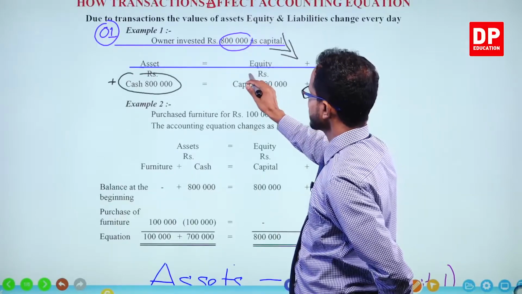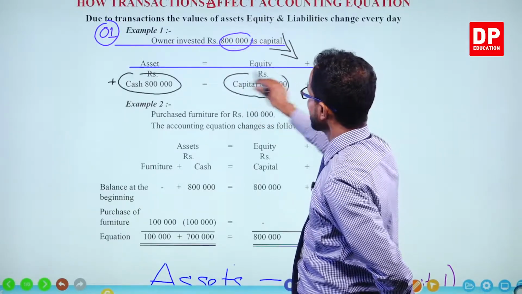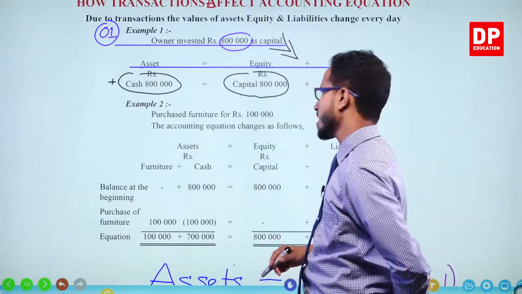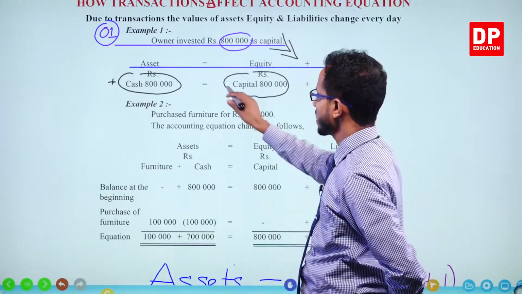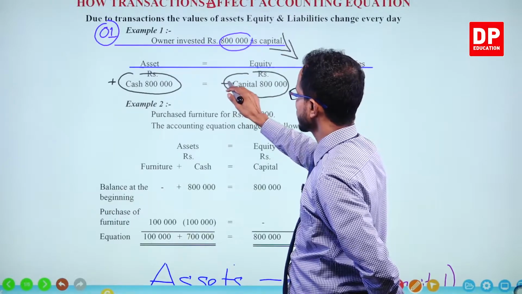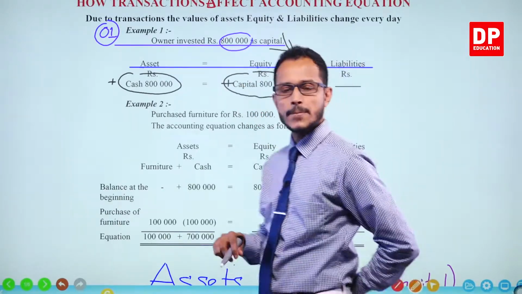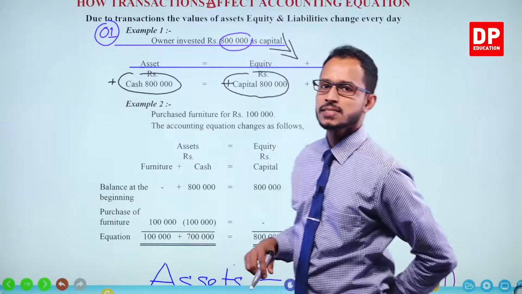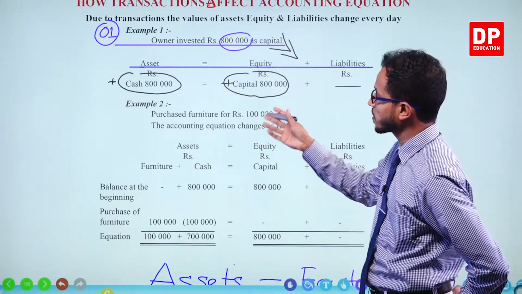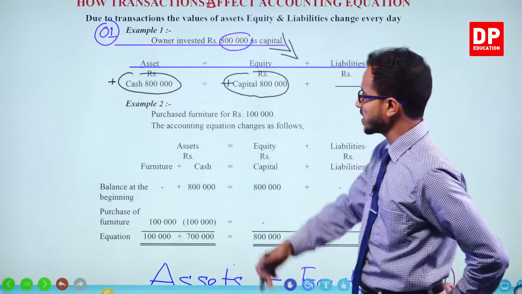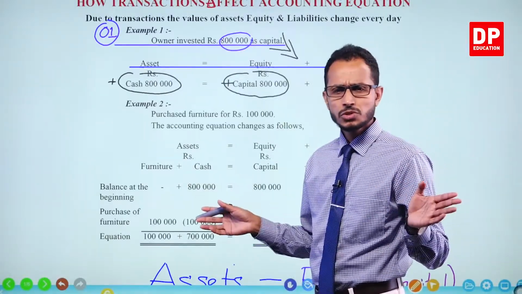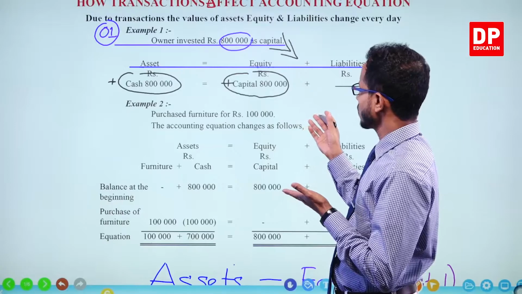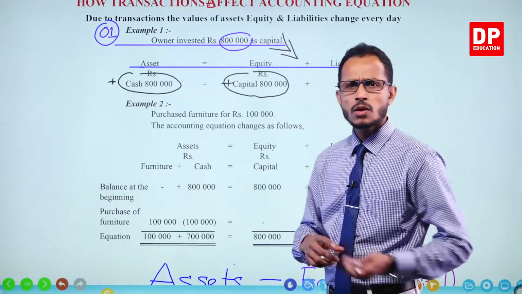And as you can see on the other side, under equity, there is another 800,000. And I'm going to put again this symbol plus. Yeah, so I have put a plus mark on that side and a plus mark on this side. And don't you have a problem here?